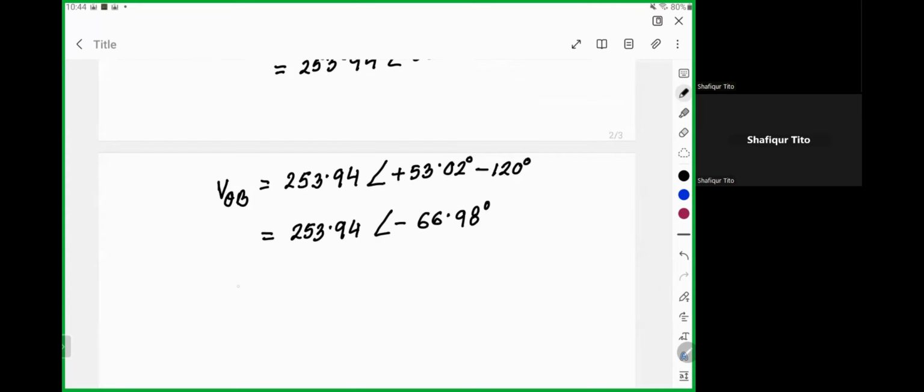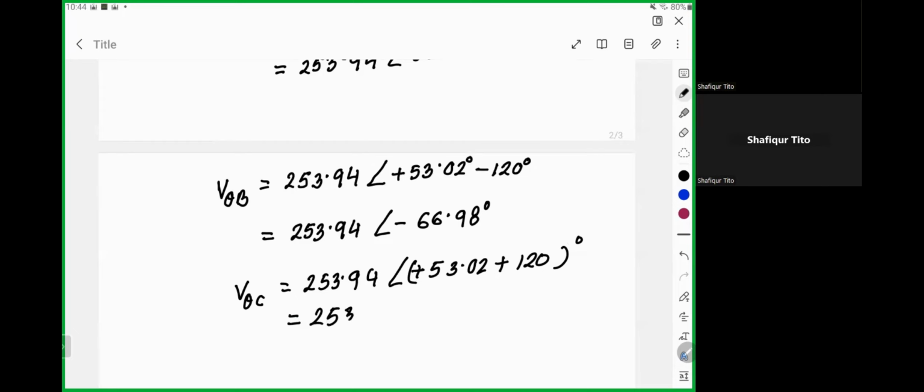And then we have V theta C, which would be equal to the same 253.94, and this angle will be plus 53.02 plus 120. So that will be 253.94, making an angle of 173.02.